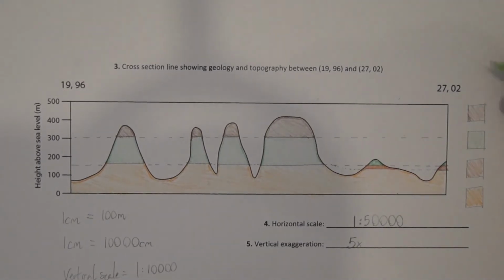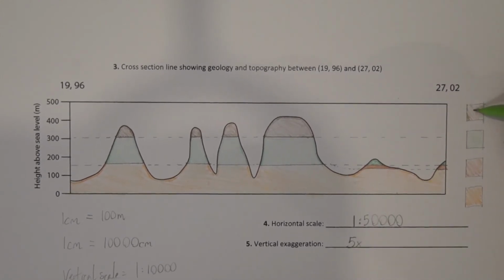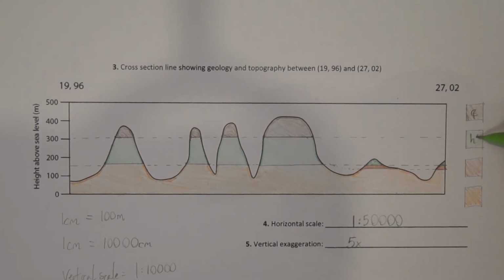So we can leave it as colours, but if we want to be accessible, then we have to accept that some people have a colour impairment, so we can give each box its own symbol. That's our clay with flints.